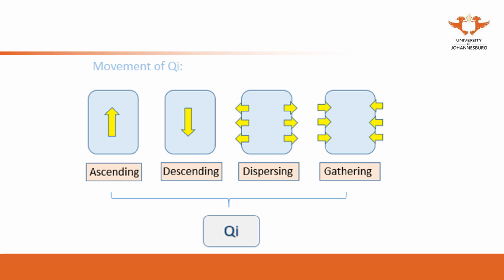As you inhale, your chest moves outwards, forwards and upwards. So that's something ascending and dispersing, moving forwards. When you exhale, the chest moves downwards and inwards. So as you can see, the movement of breathing is actually the combination of different functions of qi, and these functions are combined as the full movements.